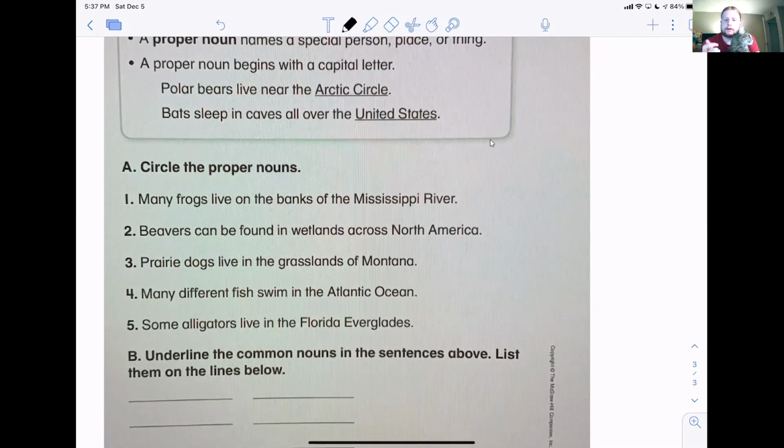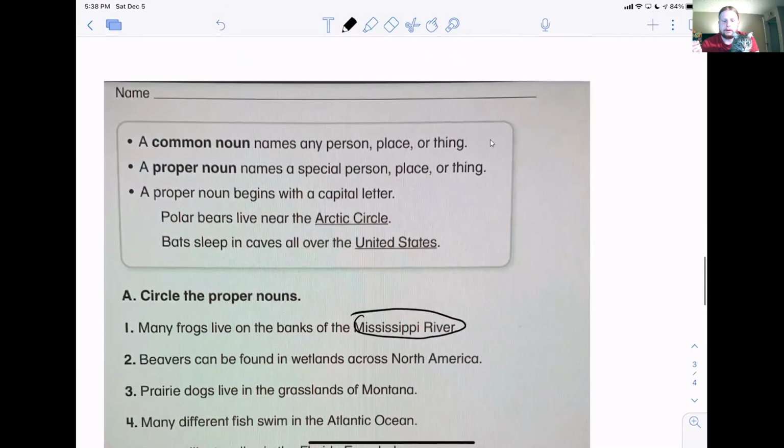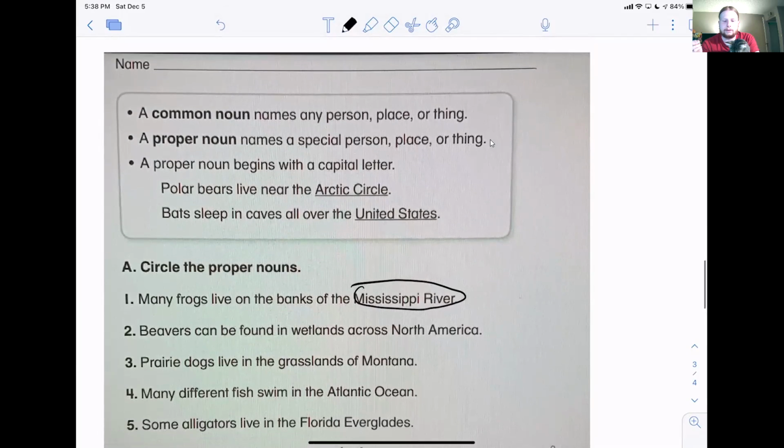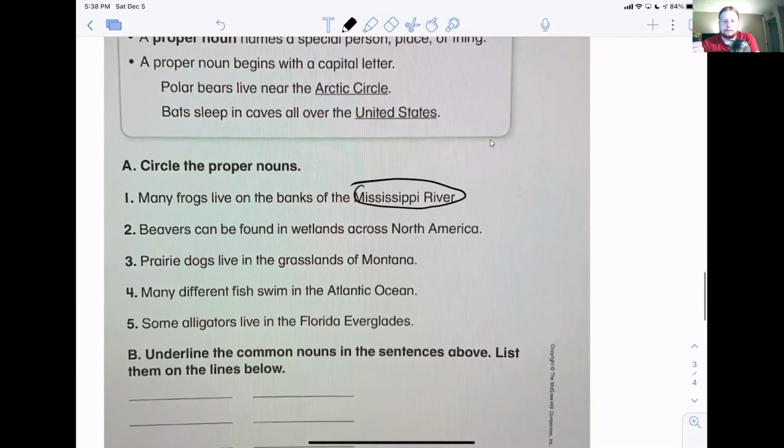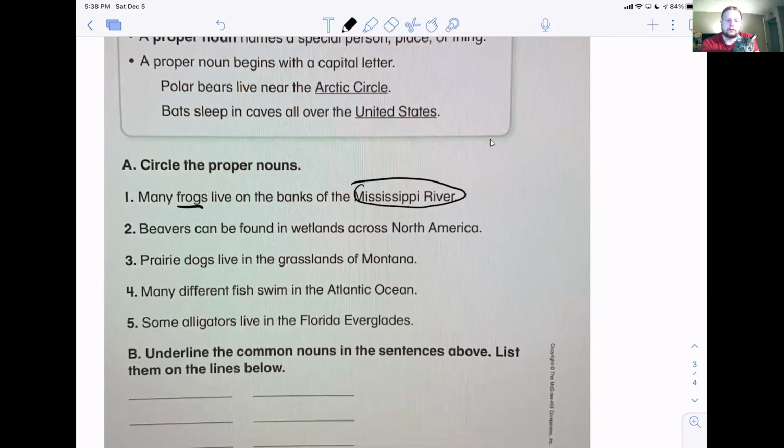So Mississippi River is our proper noun. Now, what is our common noun? Well, a common noun names any person, place, or thing. Frog is a thing. It is an animal, so it is a thing.